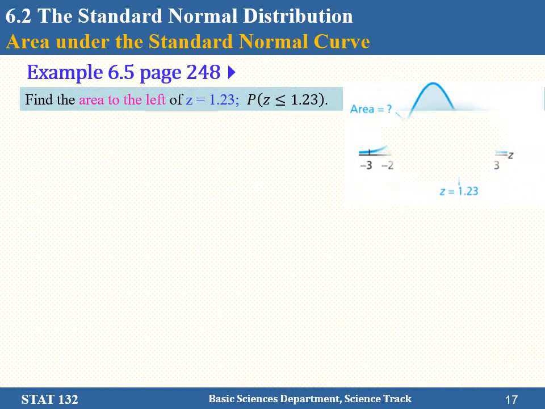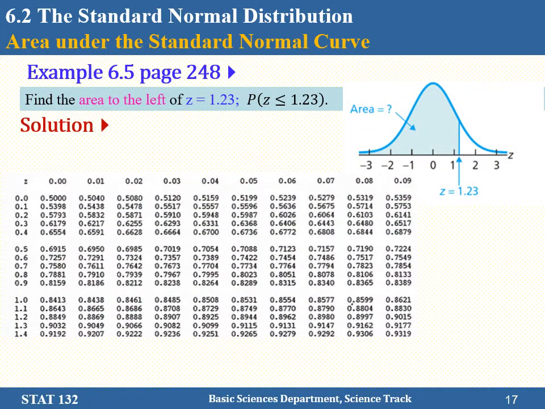Now let's look at this example. It says find the area to the left of z equal to 1.23, which means the probability that big Z is less than 1.23. On the graph, we can see it's asking for the left side of 1.23, so we can use the table.